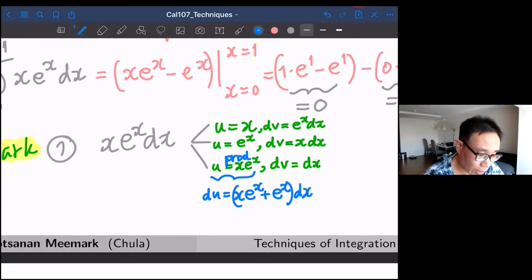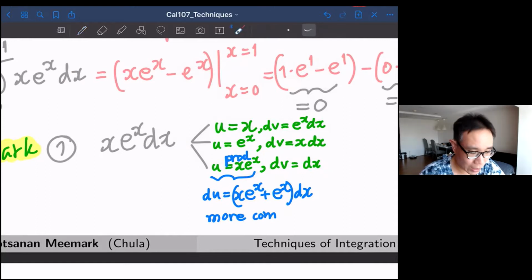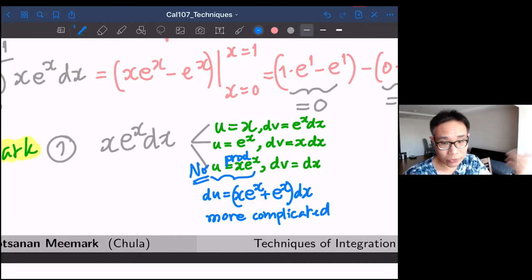You see that du turned out to be a more complicated term than what we started with. We had only one term for u and one term for dv, and when you compute du, it turns out to be big and we won't be able to control it. So this one is not working, because it makes your life more complicated.